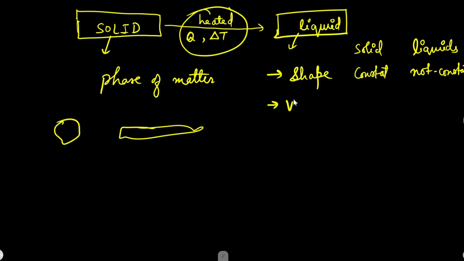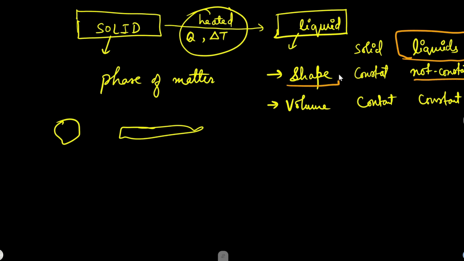And second, we talk about the volume. The volume is constant here, and here also it is constant. So the difference between a solid and a liquid is only the shape, which is not constant in liquids and is constant in solids.